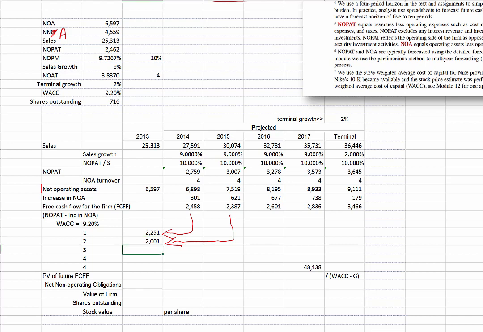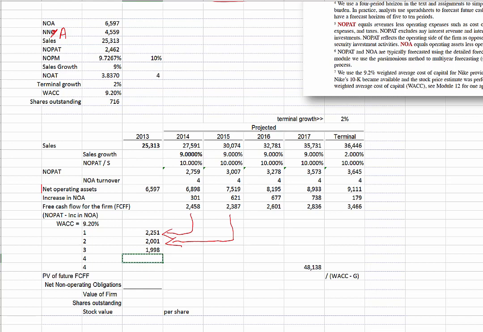Let's do the same for the next year. Let's take that 2601 and divide by 1 plus the interest rate raised to the third power. And that 2601 comes back 3 years as 1998.